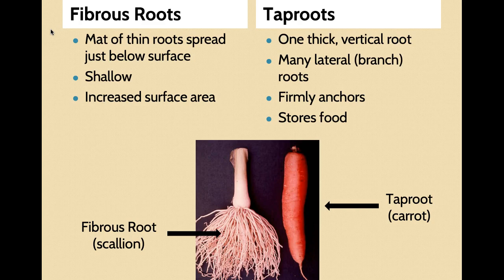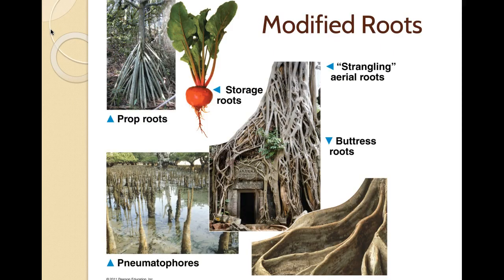The carrot stores tons of carbohydrates, and the fibrous root from the green onion is really good for absorption from the soil because of its increased or large surface area. Some roots don't fit into the two organ systems that I just mentioned on the previous slide, the fibrous or the taproot system.